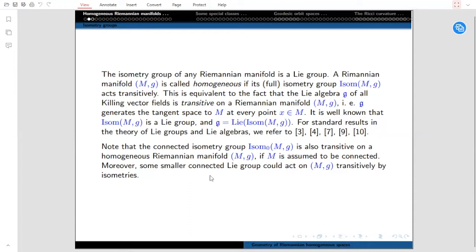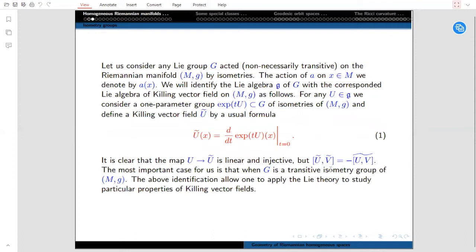Moreover, some smaller connected Lie groups could act on M transitively by isometries. It's a very interesting discussion, and we will see something a little later. Now, let's consider any Lie group G acting, not necessarily transitively, on a Riemannian manifold M by isometries.